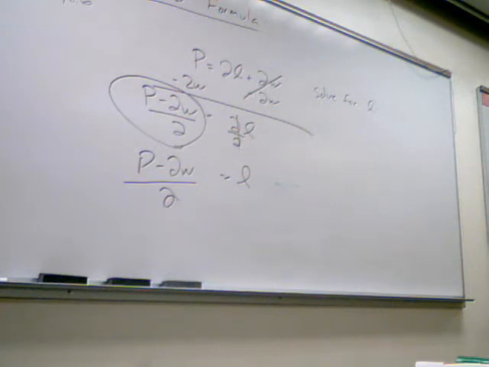Well, first of all, I want to get rid of this, right? If I multiply both sides by 3, I'm going to get rid of it. So 3 over 1, 3. You can put the 1 if you want, but it's going to be 3A. These 3's are going to simplify out, and I'm going to be left with M plus 2D.